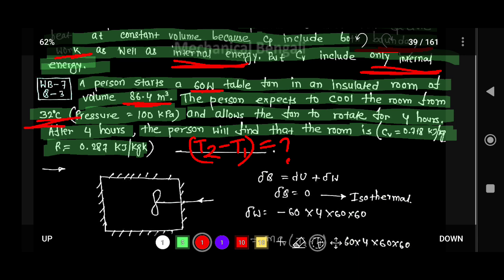So the initial temperature of this room, that is the T1 value, is 32 degrees Celsius, and the pressure is 100 kilopascal, and the fan is allowed to rotate for 4 hours. So the fan is rotating for 4 hours. Okay, and after 4 hours you have to find the value of T2 minus T1, that means the temperature change, and the Cv value is given and the R value is given.